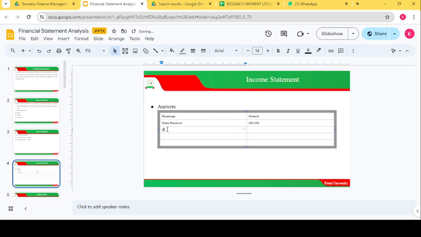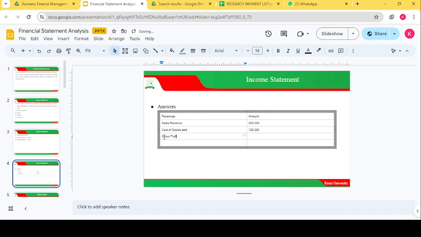And then we have cost of goods sold, which is 120. So we need to determine the gross profit.